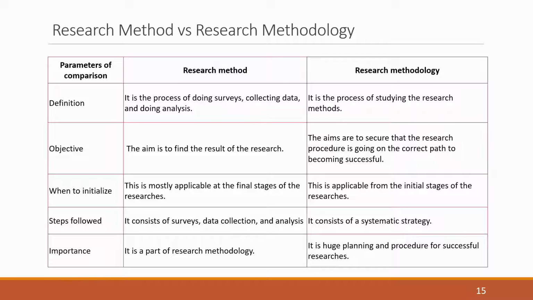And objective: for research method, the objective is to find the results of the research. But research methodology is to secure that the research procedure is correct. That means it's about ensuring your research method is correct.